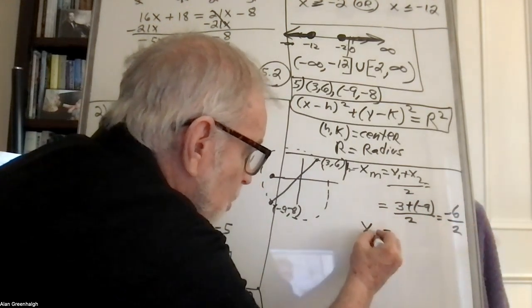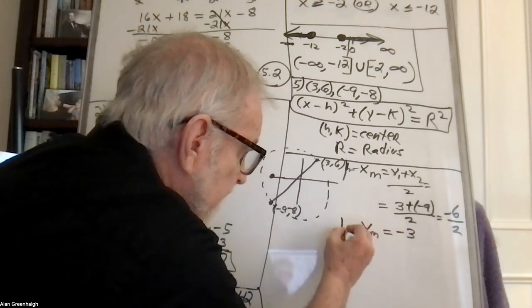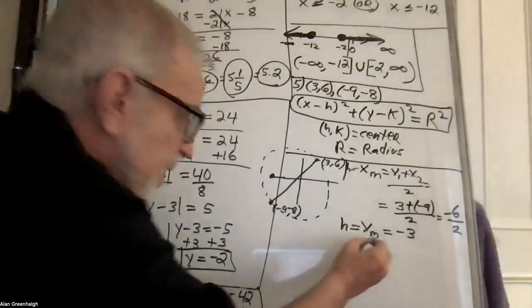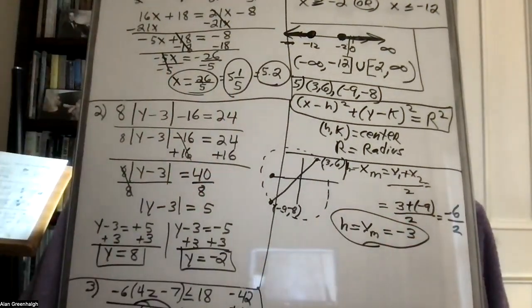And the x coordinate of the midpoint is -3, which would be h. So we now know the x coordinate of the center of the circle.